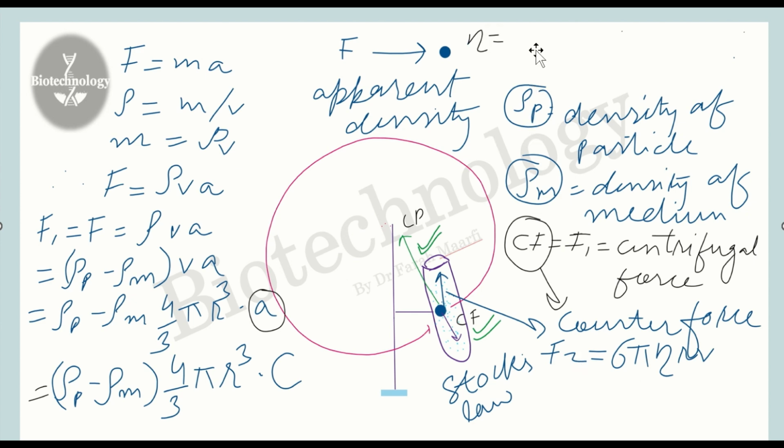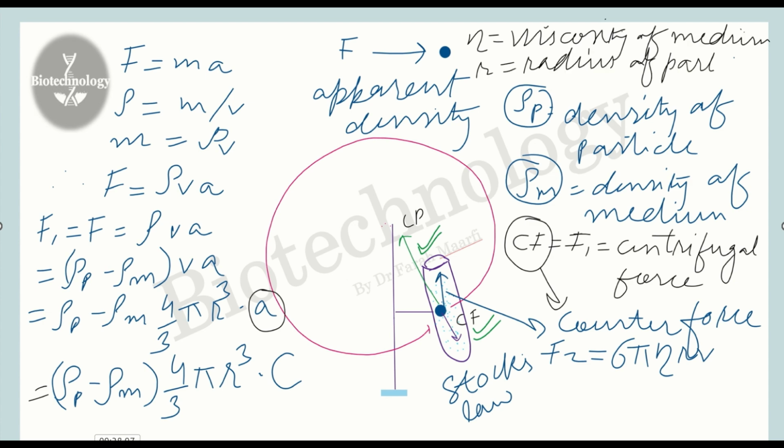The eta here represents the viscosity of the medium, and R here represents the radius of the particle from the center of the axis. So this F1 and F2 will act on this particle at the same time while we are moving this particle in a circular motion.